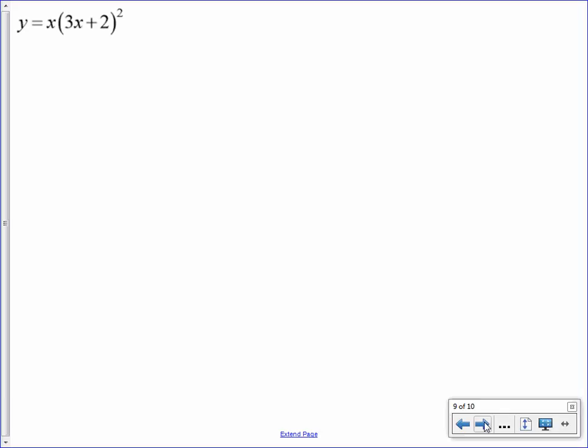Let's discuss this. Okay, yeah, we should probably rewrite it, right? And to rewrite it, what should we do? Okay, let's actually multiply that 3x plus 2, the quantity squared out. 3x plus 2, the quantity squared, is going to get us 9x squared plus 12x plus 4.